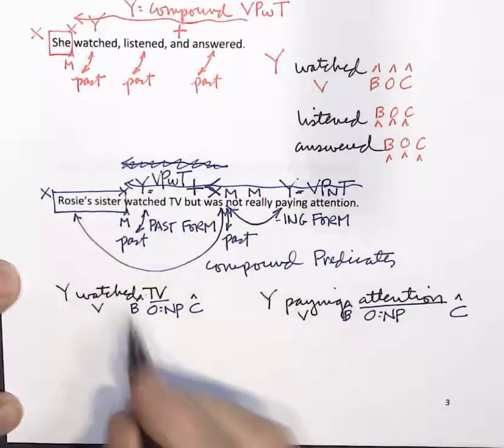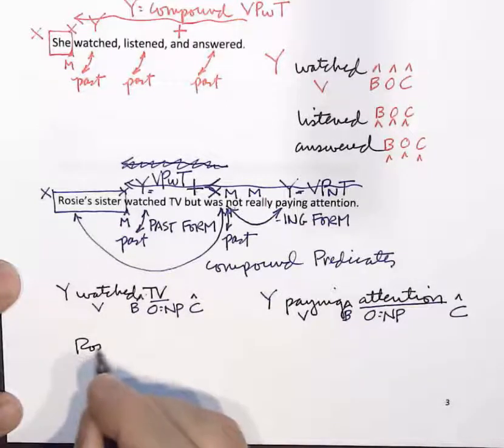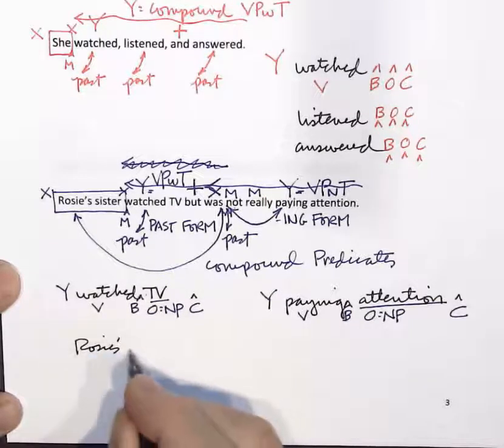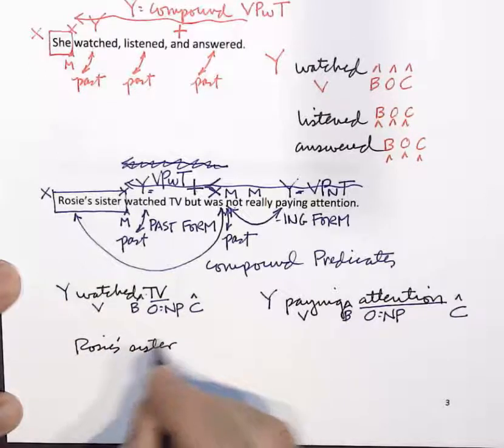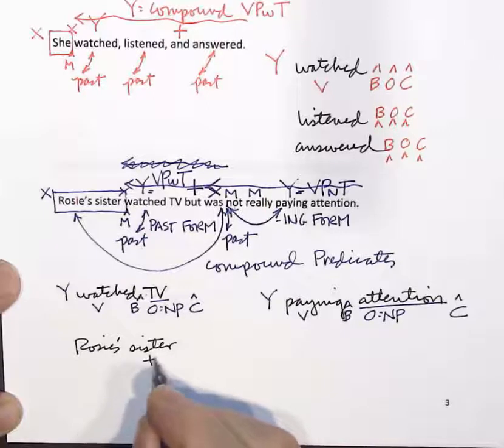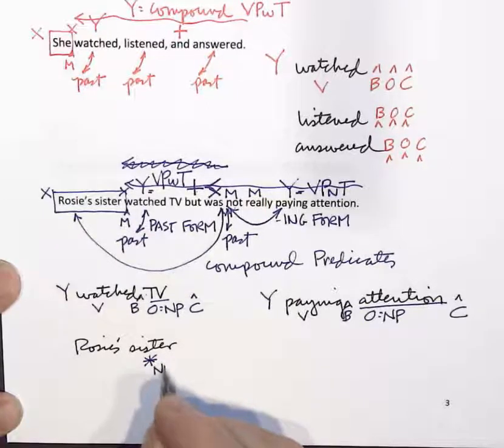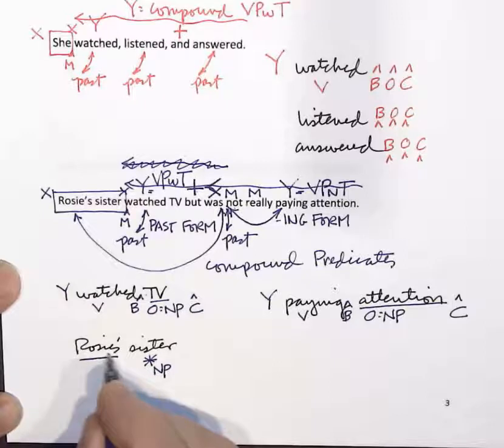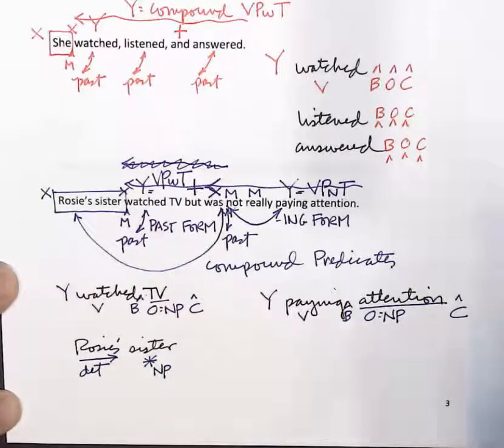Let's take a look at our subject. Rosie's sister, it's a noun phrase, sister is the head, and Rosie's is the determiner. Okay, and that was a little bit unusual.